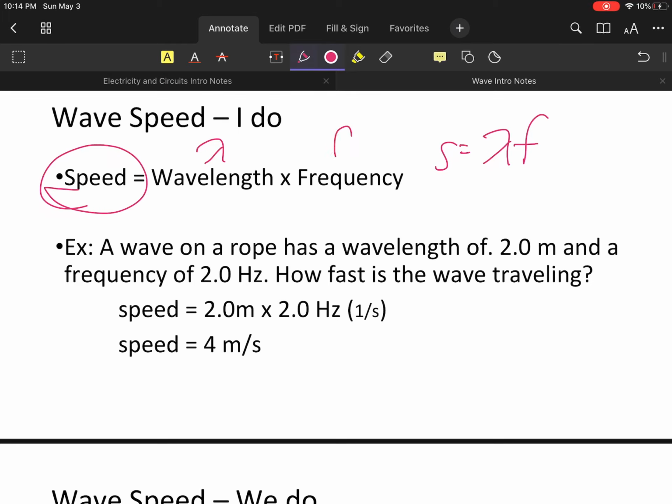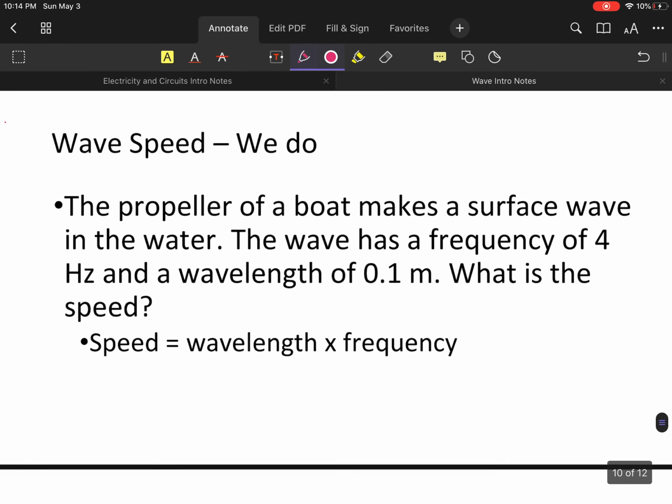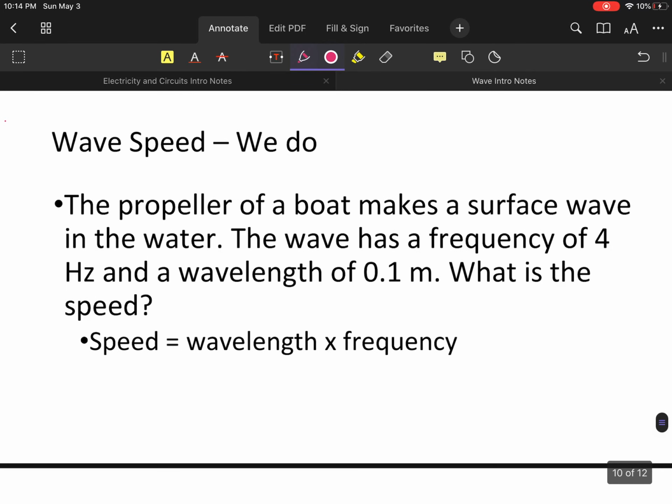And then frequency is just the F. So if I plug this in, a wavelength of 2 and a frequency of 2, I'm going to equal 4 as my speed. Okay, and again, meters per second is our units. All of these problems are done the same way, right? So I have a frequency of 4, wavelength of 0.1, times 4.